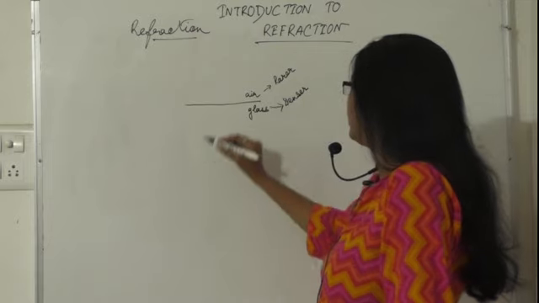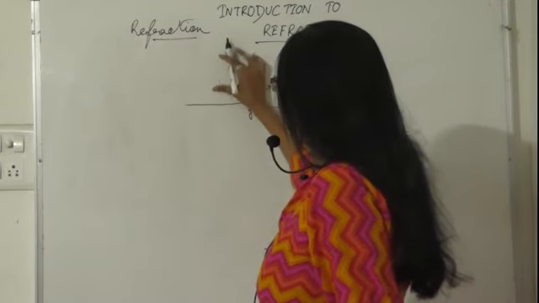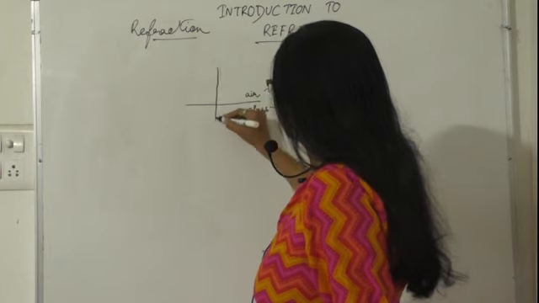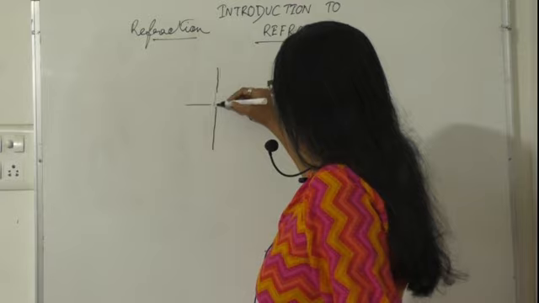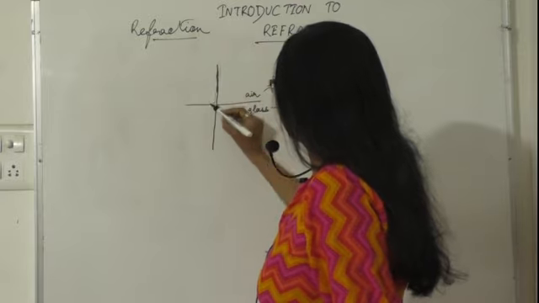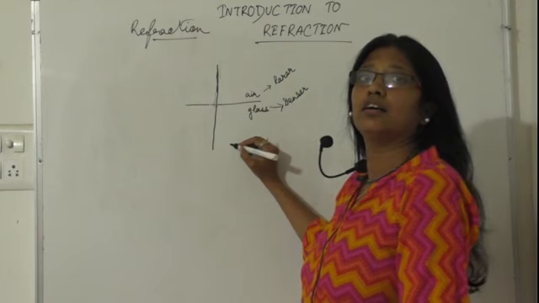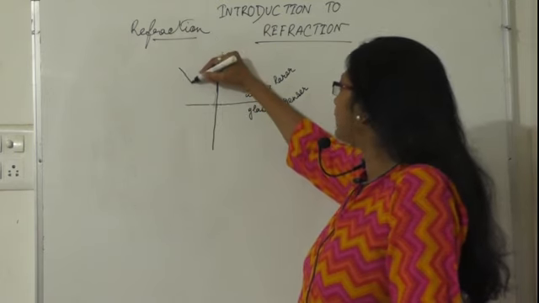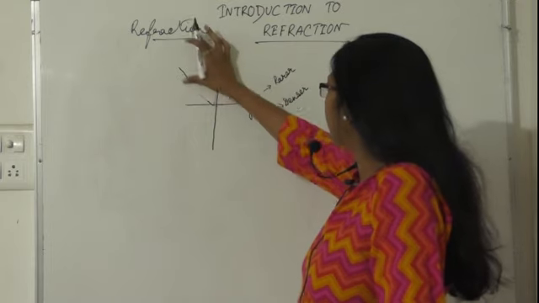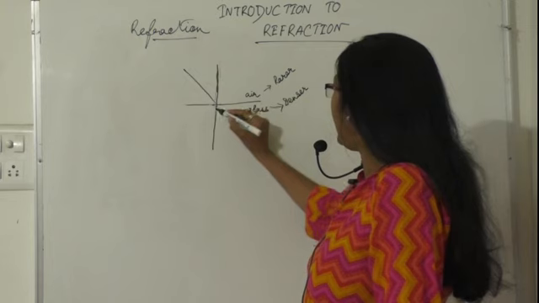Okay. Now let's take that this is the normal at this point. One light ray is falling at this point.